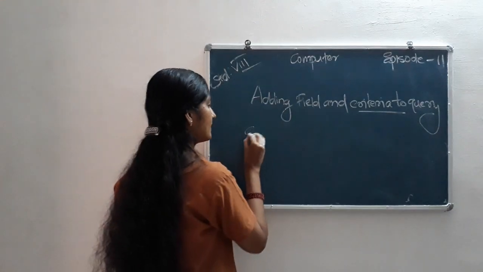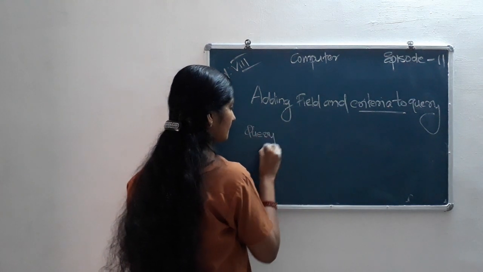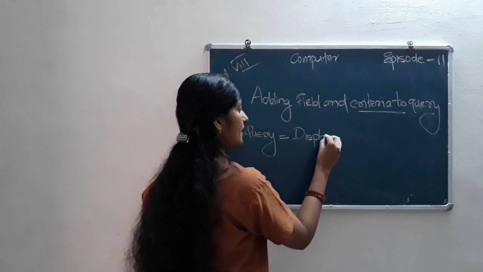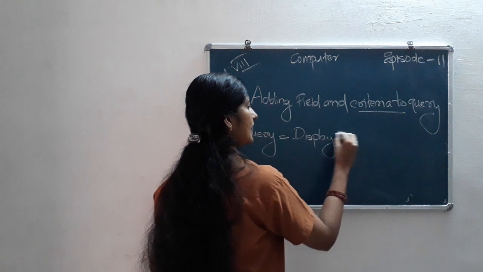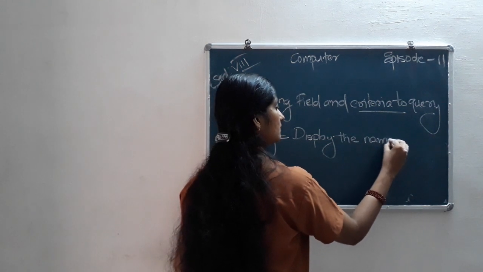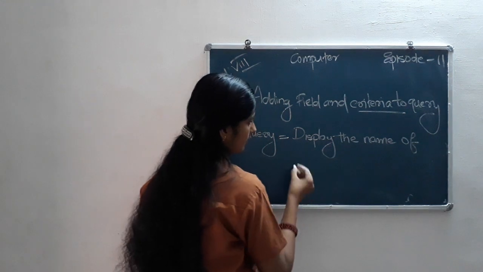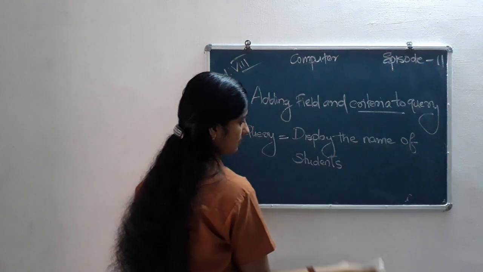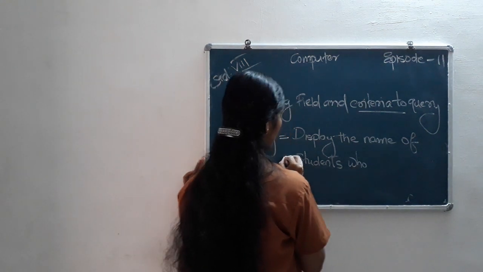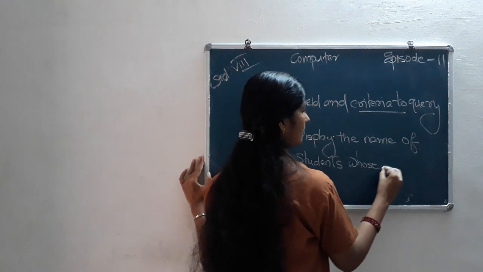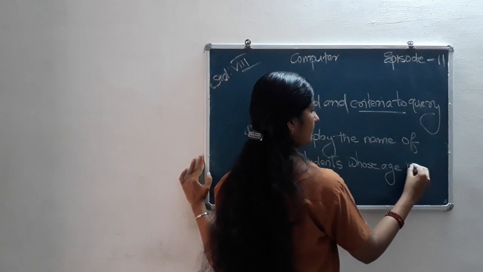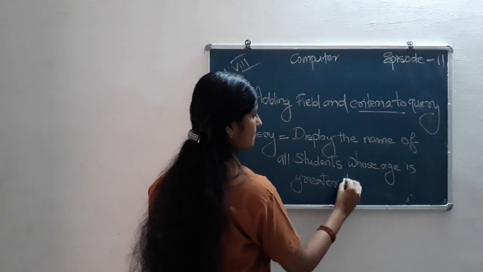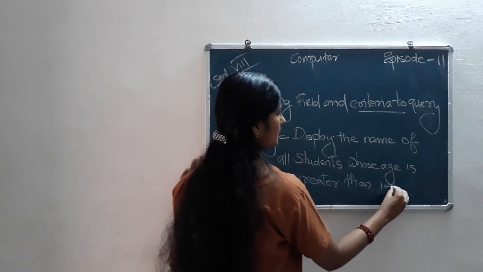For example, the query is like: display the name of students whose age is greater than 15 years.